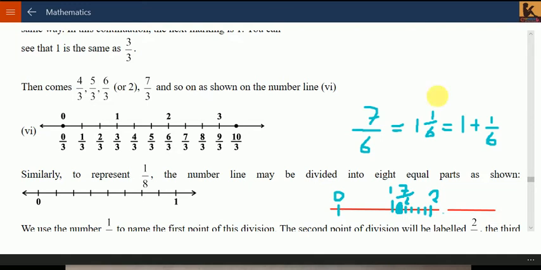Now similarly, to show 1 by 8 of a number on a number line, we have to divide it into 8 fractions. This is 1 by 8. This is 2 by 8.